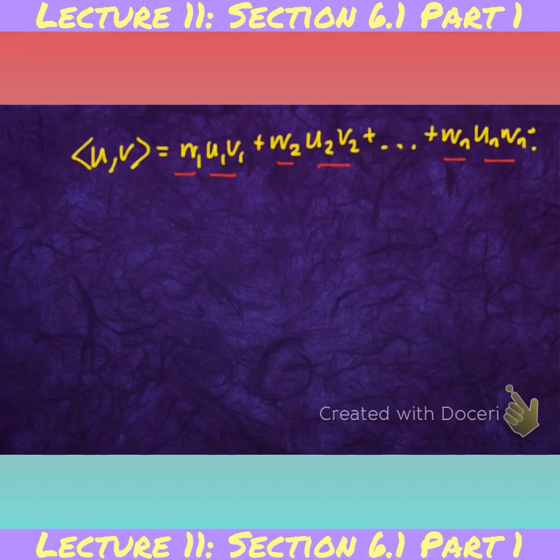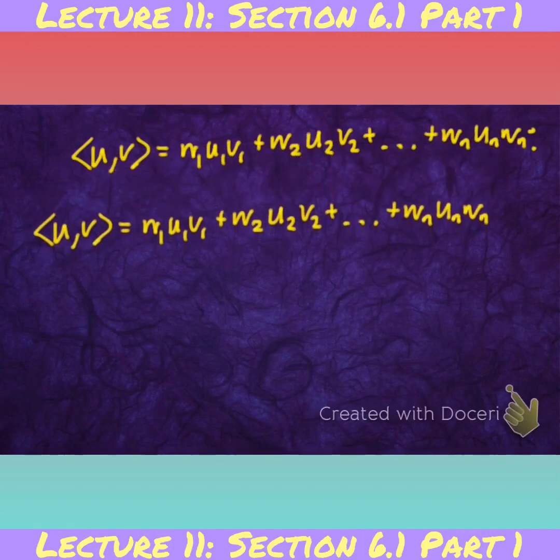To check the first axiom, we take this term here and we observe that we can write that as, we switch the two around there, u1 and v1. Surely we can do that. Then we've got w2, which again we switch those terms around, and we can do that in general. So there's my v2, and there's u2.